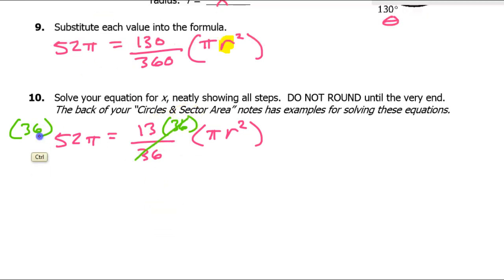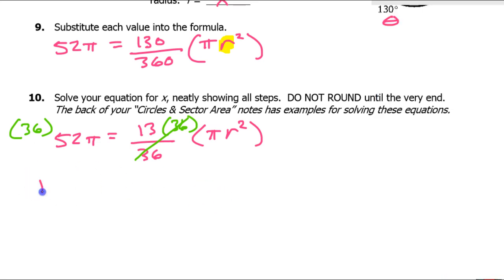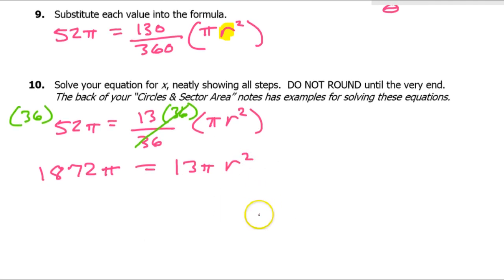Can someone tell me what 36 times 52 is? 1,872 pi. Don't forget the pi. And this is going to equal 13 pi r squared.